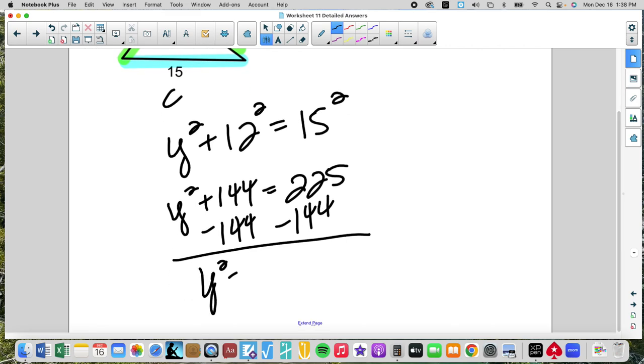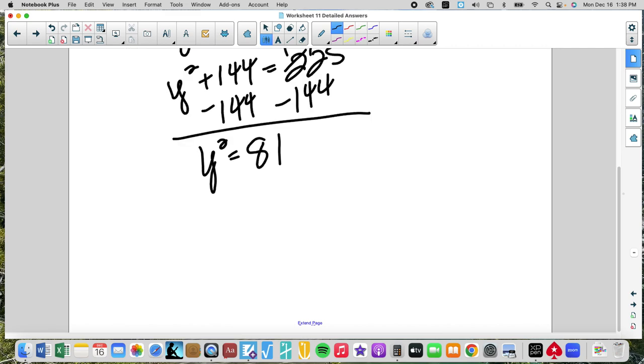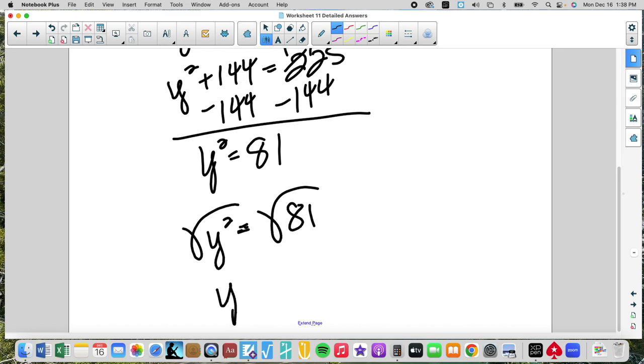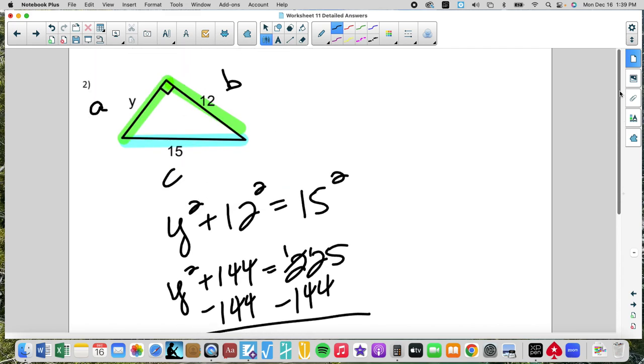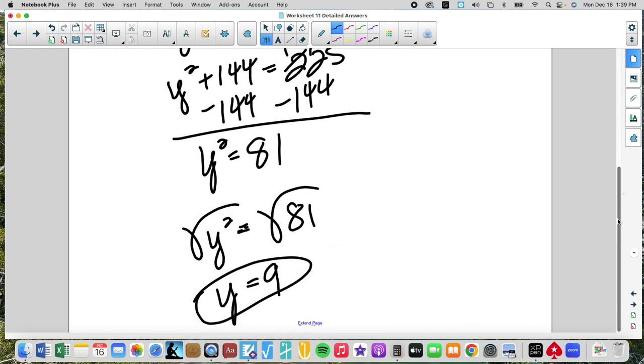Y squared equals 81. Then we take the square root of both sides. And we know 81 is a perfect square. It equals 9. So that missing side length, the leg, is going to be 9.